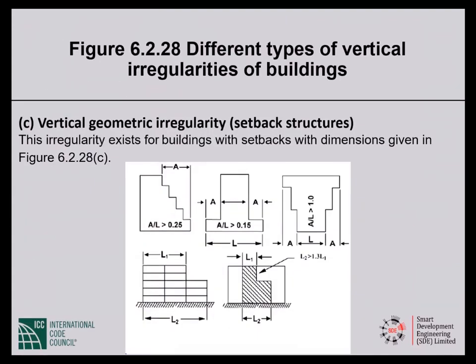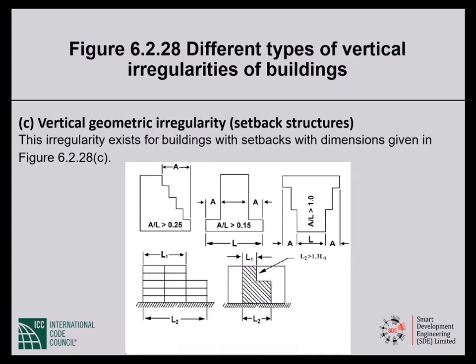Okay, this is a definition that BNBC has altered. It has changed the definition. In BNBC 2020, the vertical type 3, the vertical geometric irregularity, is defined as this irregularity exists for buildings with setbacks with dimensions given in the figure that you see in the picture.